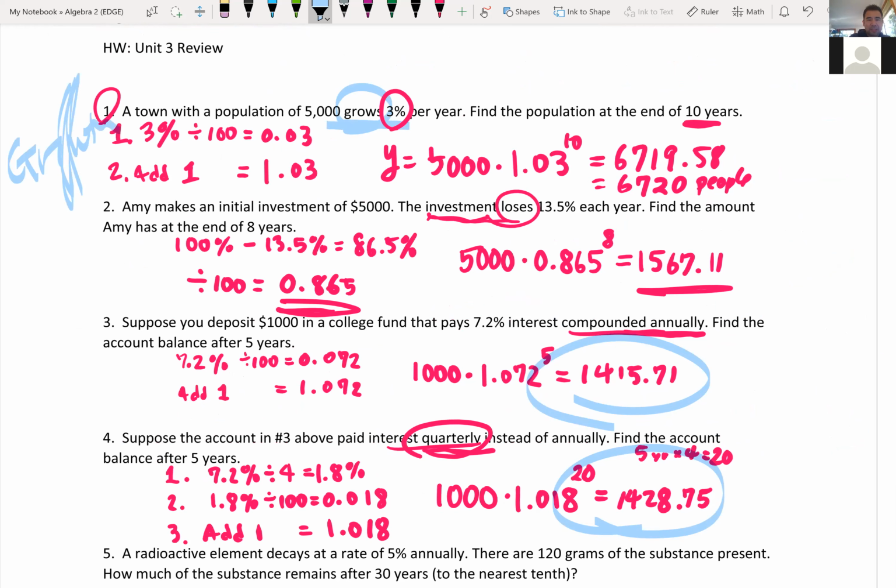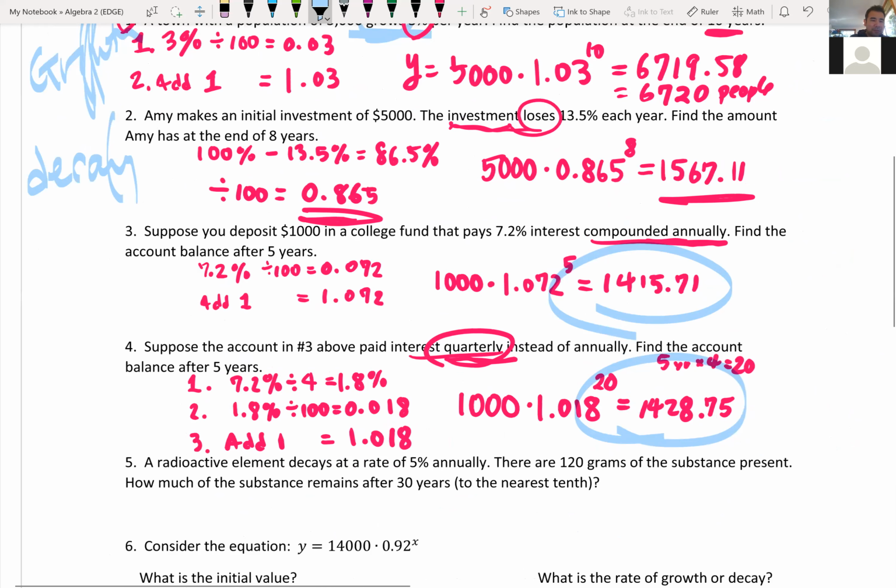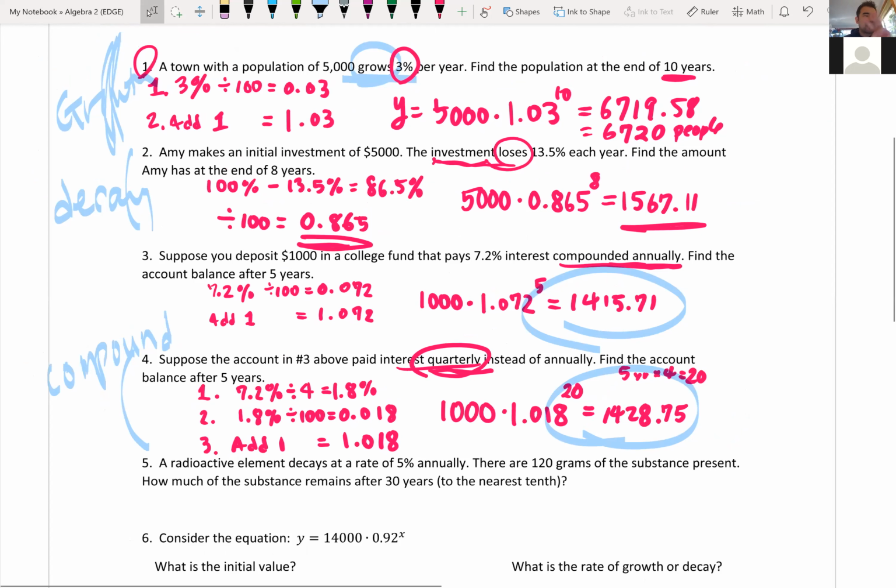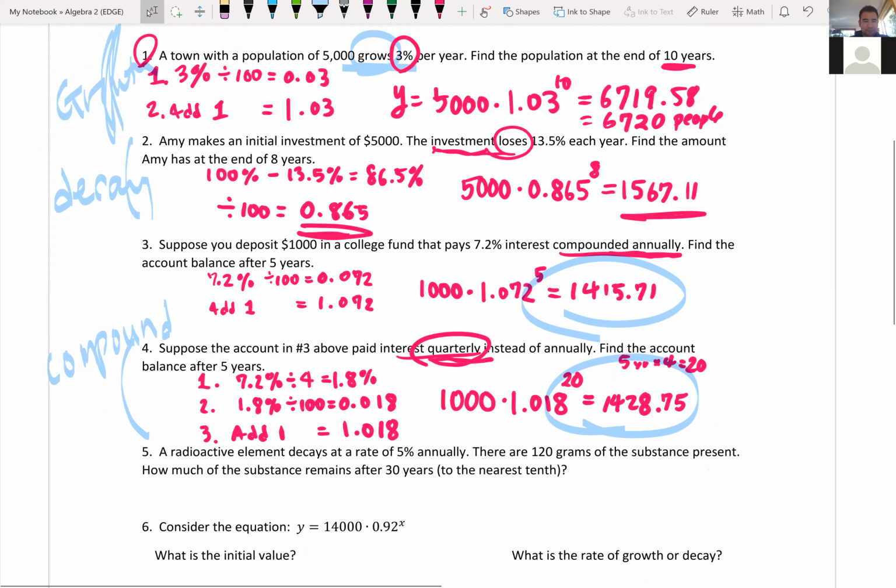Number two is the decay problem. And then this is the compound interest problem. But essentially, you've got 3 types of problem that you need to deal with. Okay. All right, let's move on.